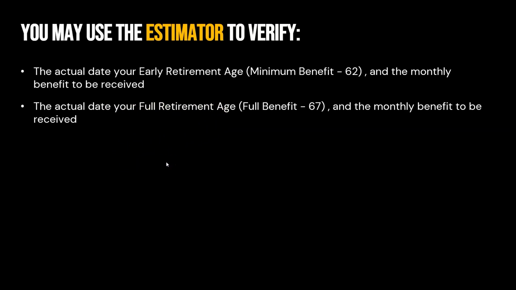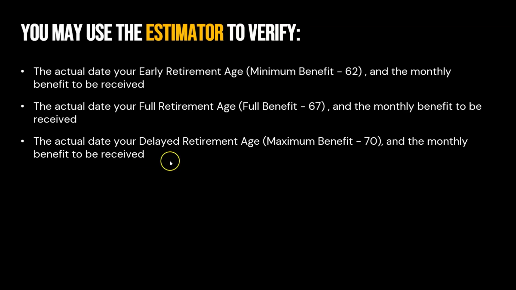For most people, your full retirement age is usually 67, and it also helps you determine what your delayed retirement age is going to be. The delayed retirement age usually gives you the maximum benefit at age 70. So it will let you know what the monthly benefit is going to be if you retire at 70.